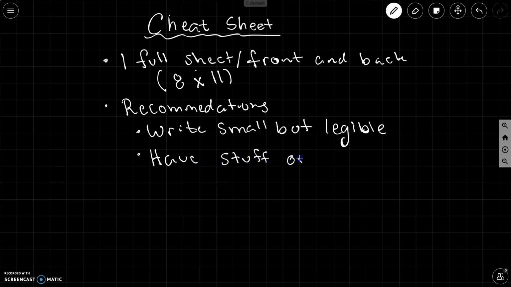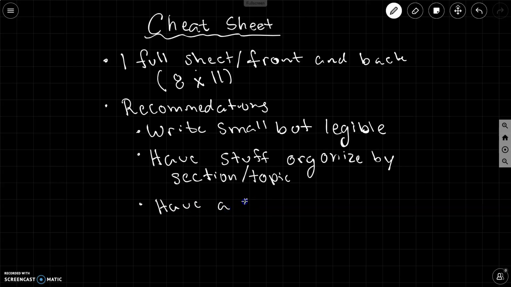Have stuff organized by section or topic. Another thing is to have its own section for formulas.